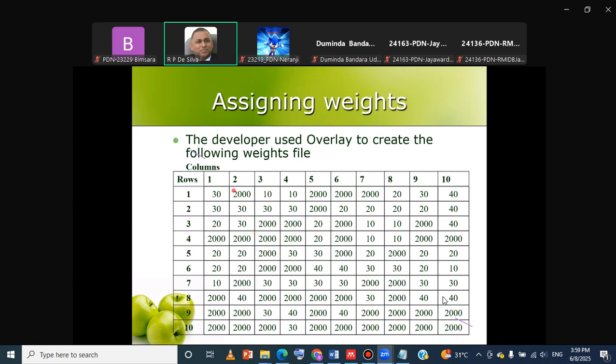But if I think of roughly putting it, I have 8-way connectivity. So from here, either I can go here or here. No other way I can go. So assume that I go here and come here. And if I go here and come here also, it is the same cost.